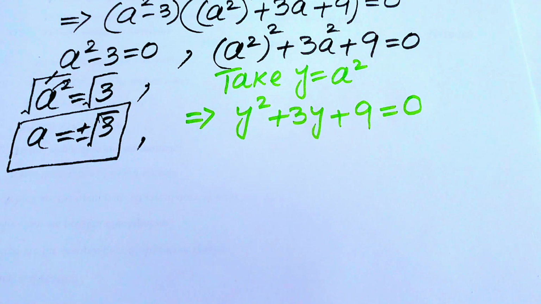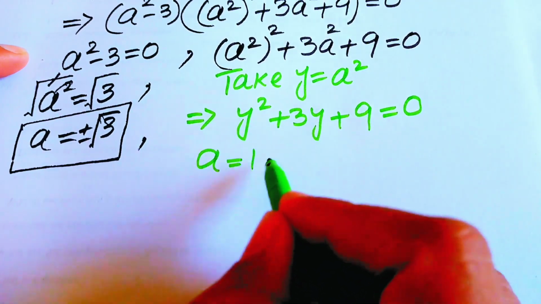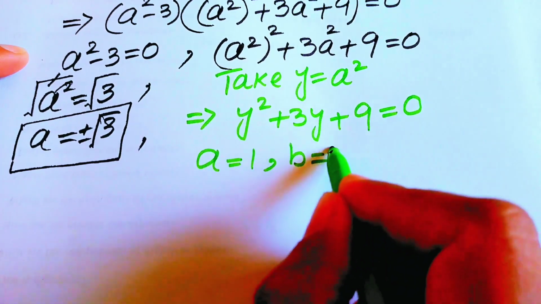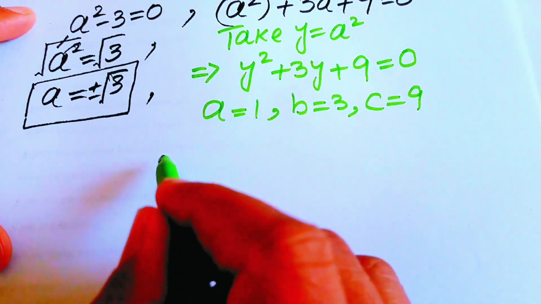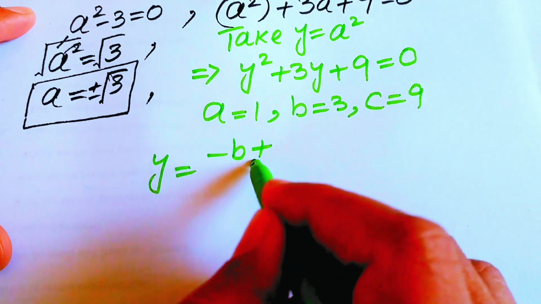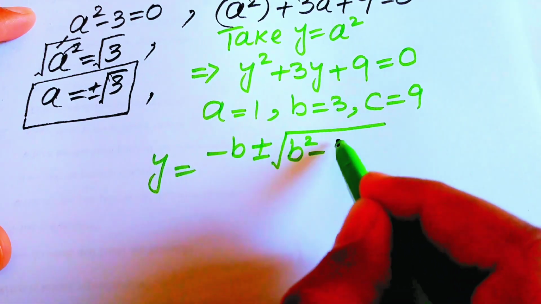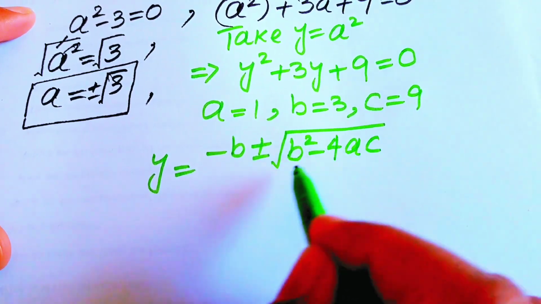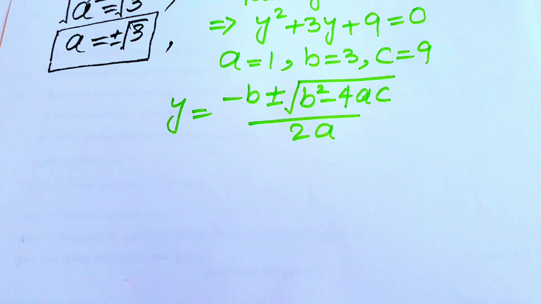So first we write the coefficients of this equation, and the coefficients are a equals 1, b equals 3, and c equals 9. And our quadratic formula will be written as y equals minus b plus minus square root of b square minus 4 times ac, divided by 2 times a.